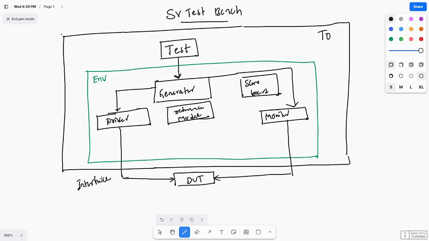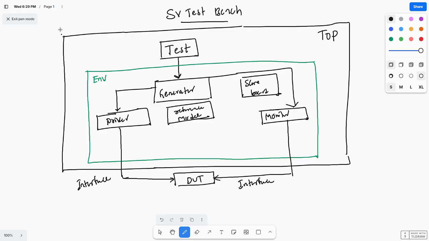So here this is the top module, so interface, and this is also connected like an interface. And you have the concept called components and objects.